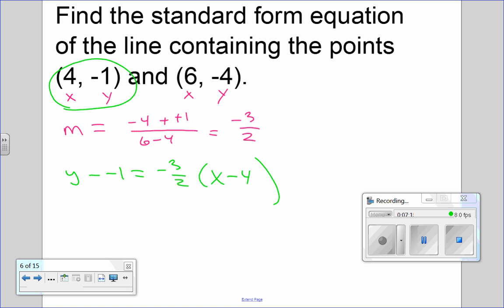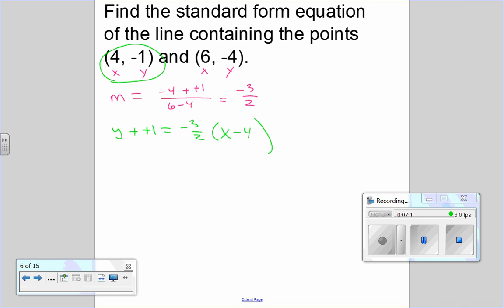Now we're converting to standard form. So let's distribute and get everybody on the side we need it to be on. When I distribute that, it's a -3 over 2x. I'm distributing, and then I'm going to get every x and y on the same side together, and all my numbers on the other side. What's a -3/2 times -4?